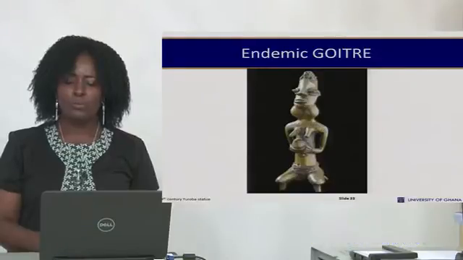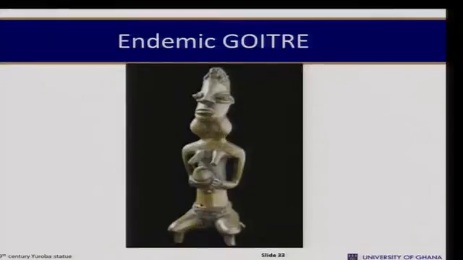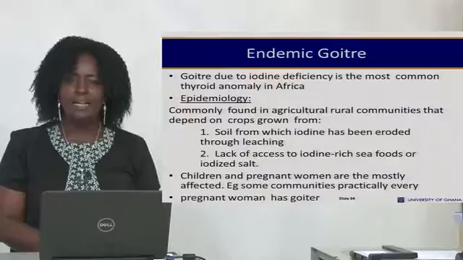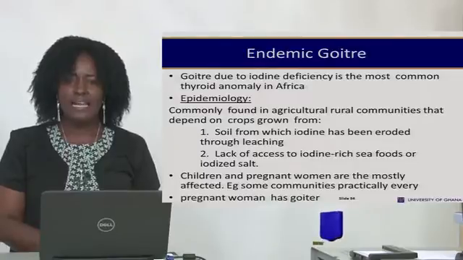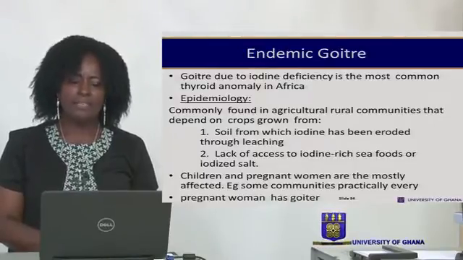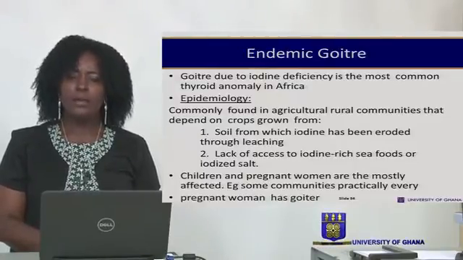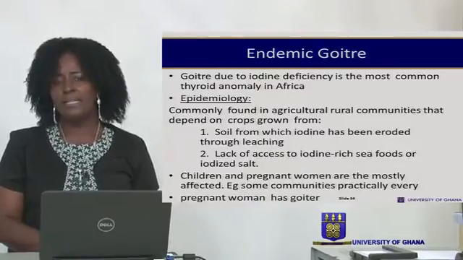And also, there is compelling evidence that this is a problem that stems out of dietary deficiency of iodine. So, goiter, to a large extent, is endemic in many African countries due to iodine deficiency in most of these places.